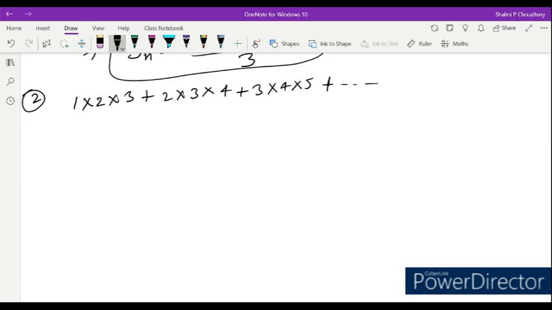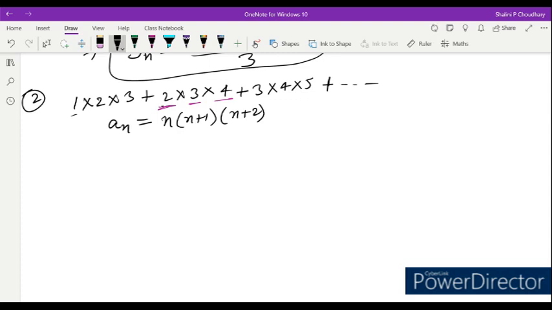We can clearly see the nth term an: the first term is 1 into 1 plus 1 into 1 plus 2, and the second term is 2 into 2 plus 1 into 2 plus 2. So clearly we can write the nth term as n into n plus 1 into n plus 2.